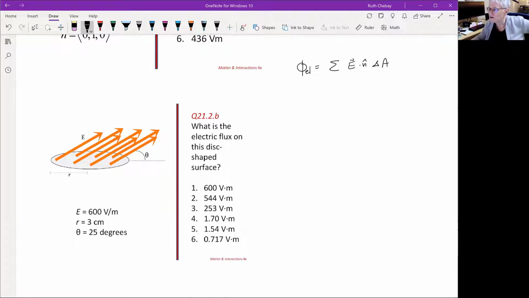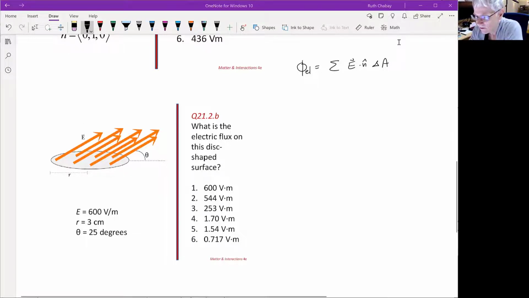So the question is, what is the electric flux on this surface? All right. So the majority say 1.54 volt meters, and that is not correct. So let's see why it's not.